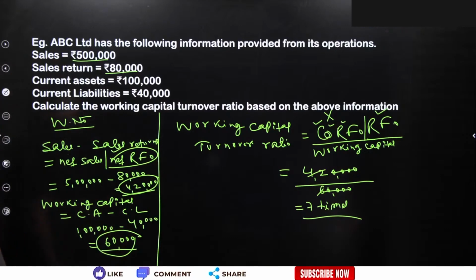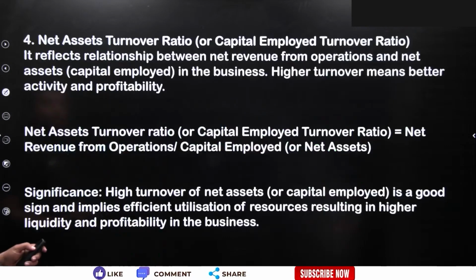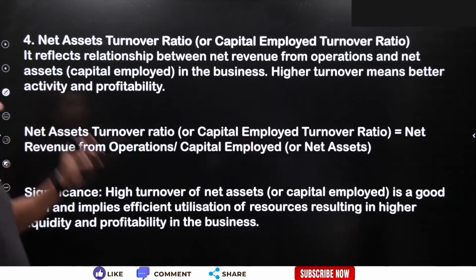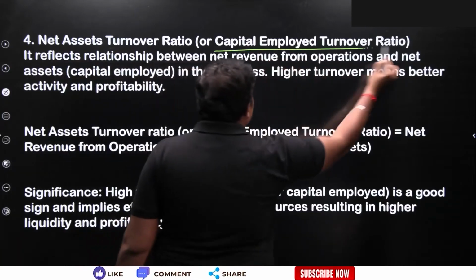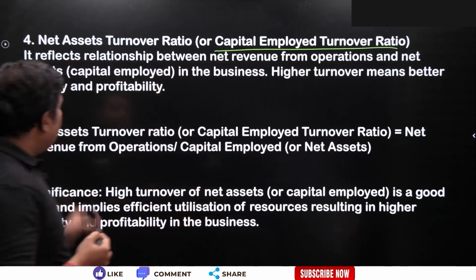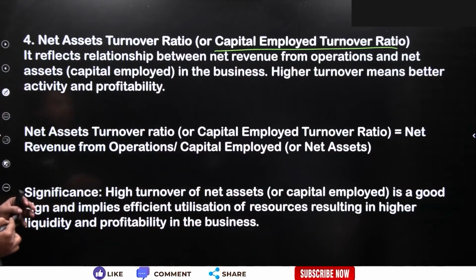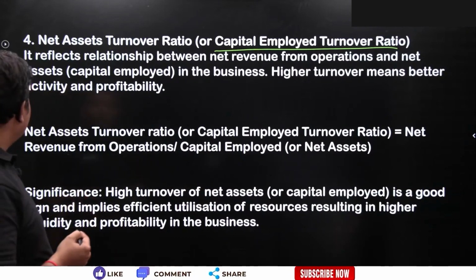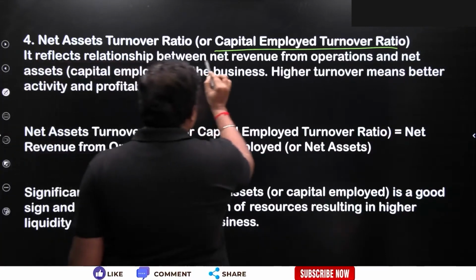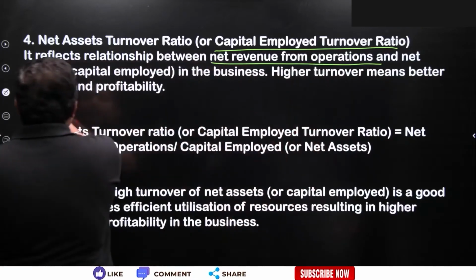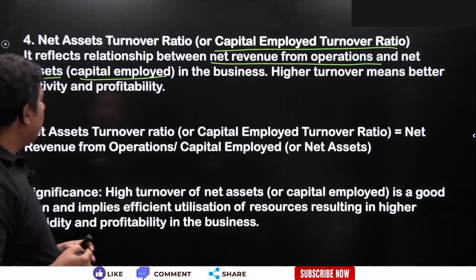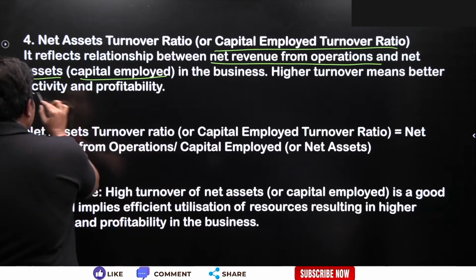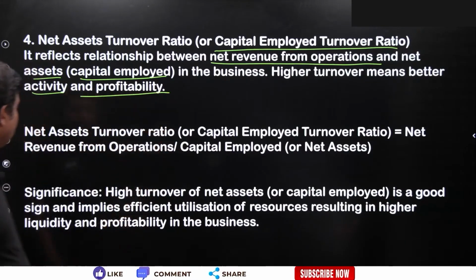I hope you understand this. Okay. So now moving to the next ratio. Net asset turnover ratio, or we can also call it capital employed turnover ratio. It reflects the relationship between the net revenue from operation and net assets or capital employed in the business. A higher turnover ratio means better activity and profitability.